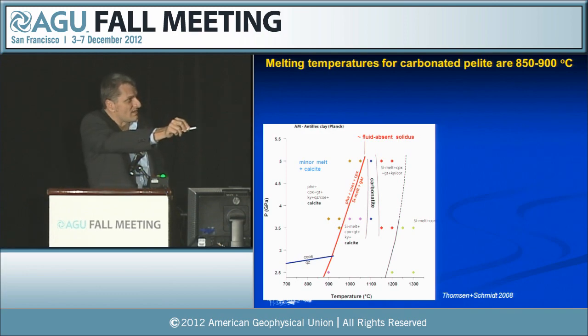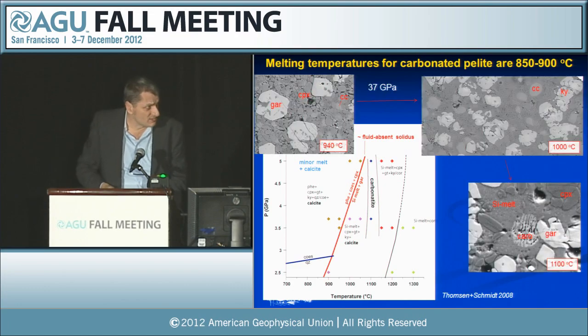There is a small, minor amount of melt in the subsolidus, but it's really small, a few percent. And then you get to this major reaction, phengite plus coesite plus CPX, results in some melt plus garnet. Look at these temperatures. This is 900 to 1,000 degrees in the subarc region. This is what you need to melt this composition.